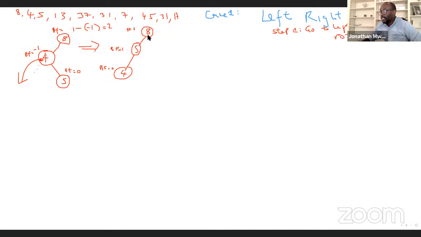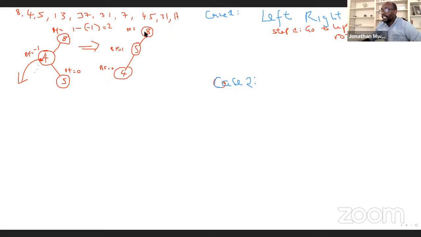Now at 8, we still have a problem, but the problem is on the left-hand side. Right here, case 2. We still have a problem. The tree is still not balanced.